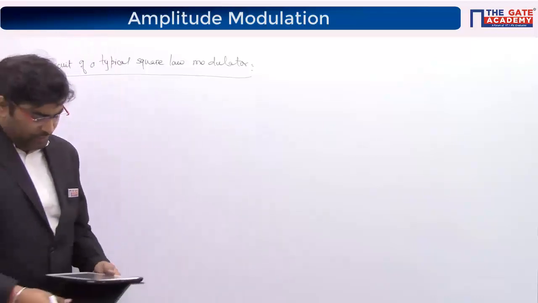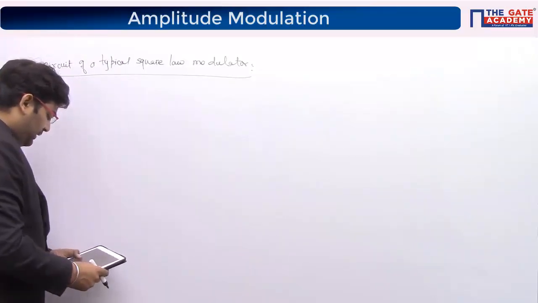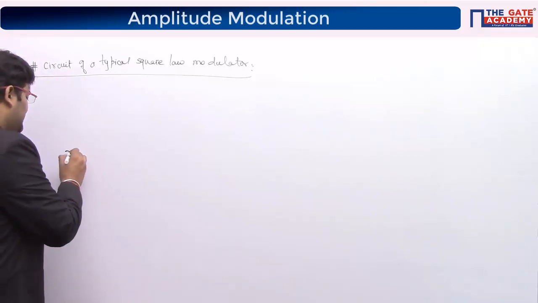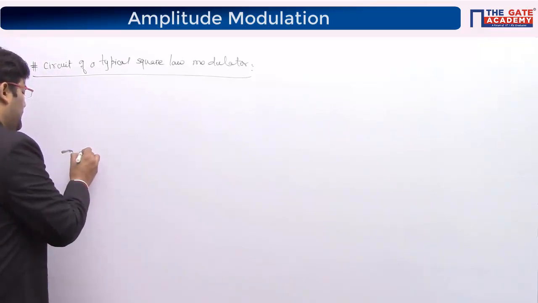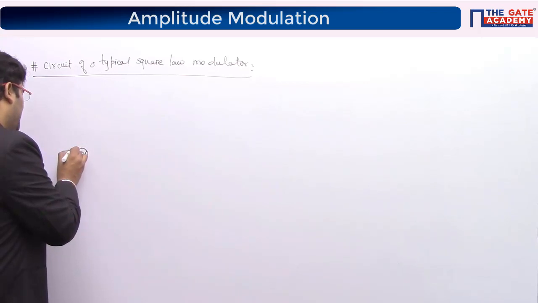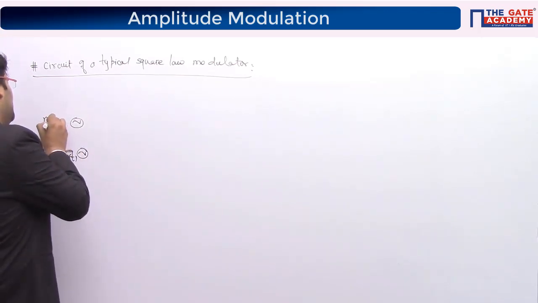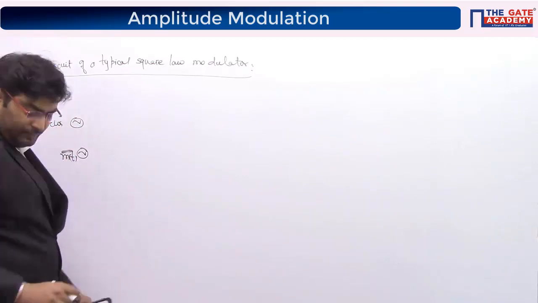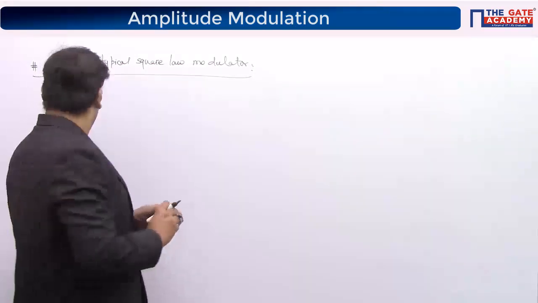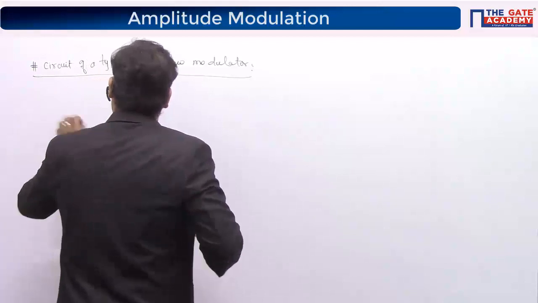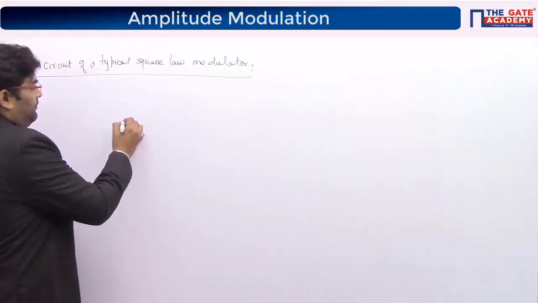How does it look like? So what you will do, right? You will have an AC signal. This will be your m of t. You will have another signal. Let me write here.